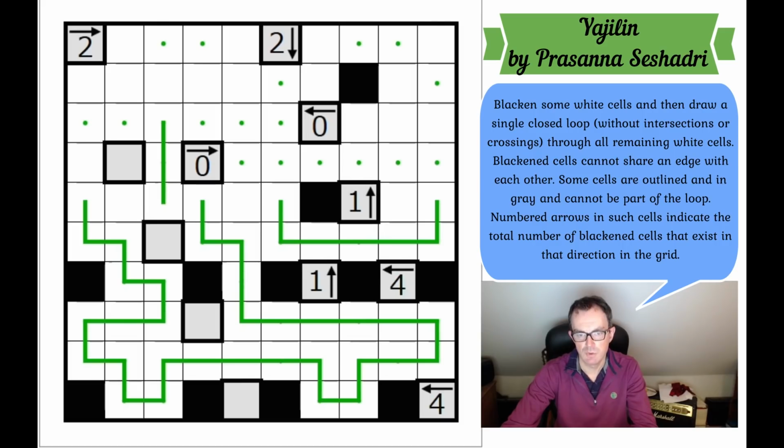Well, sure, but what's happened on the top right of the grid now? I'm going to have to introduce a loop segment there and introduce a loop segment there. I've then got 1, 2, 3 loop ends coming into this closed off region. I can connect 2 of those together, but the other one will dangle. So that one is not a black square, therefore this is a black square.